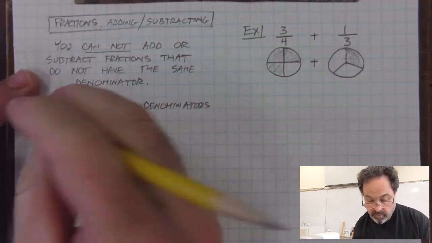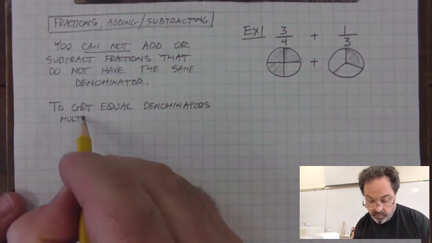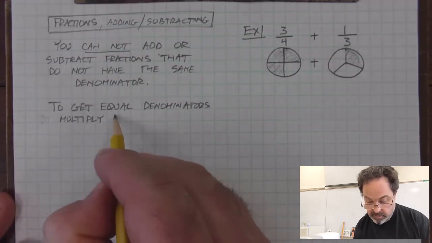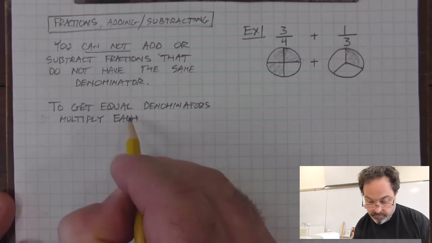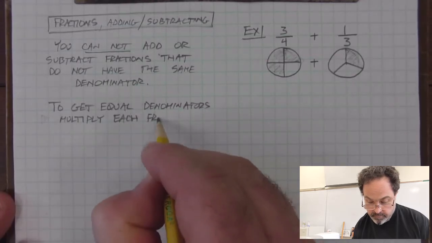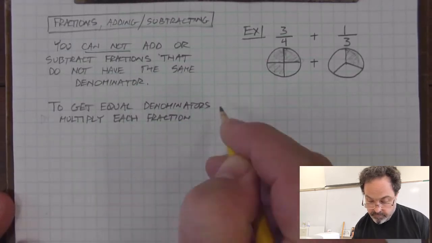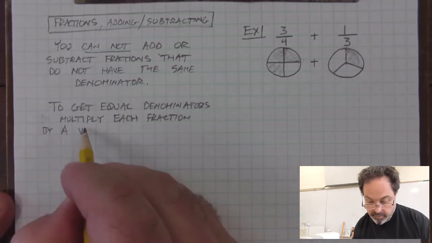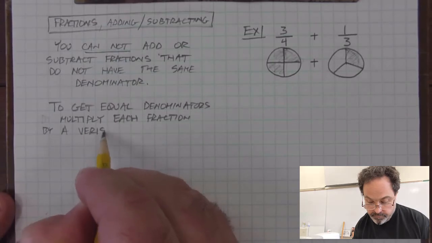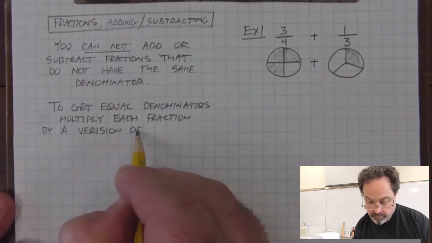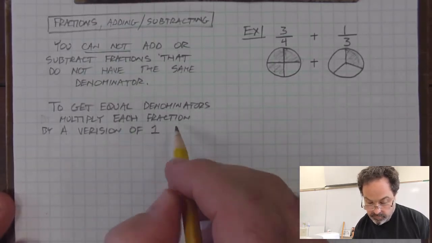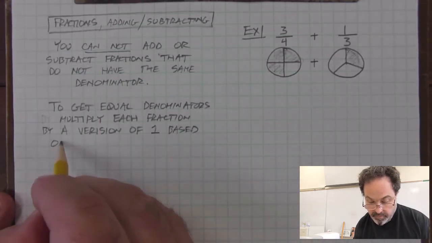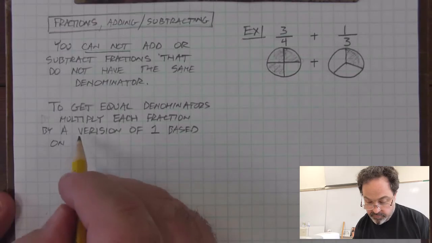or to get equal denominators, multiply each fraction by a version of 1 based on the other fraction's denominator.